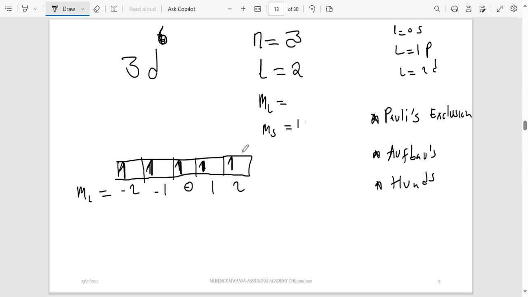After you are done with the fifth one, now start again, but it should be pointing down. So the sixth should point down like this. So the sixth electron falls in mL negative 2, and it has a downward direction, so the electron spin is -1/2.